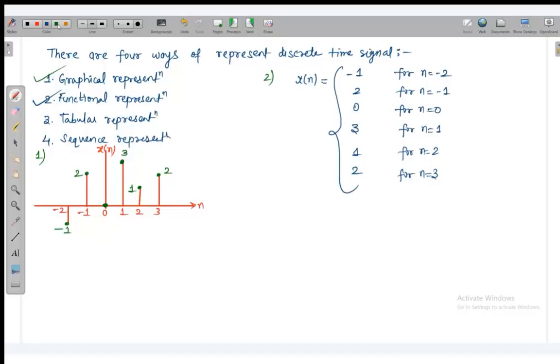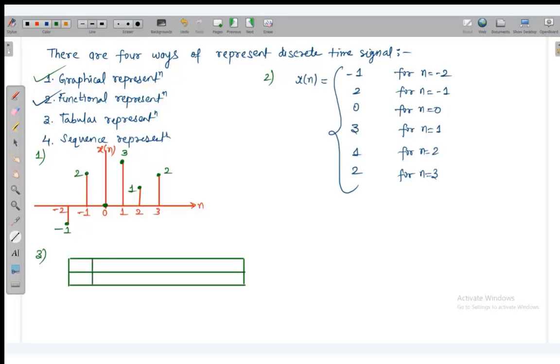Now the third one is called the tabular representation. So in the tabular representation, we have to make a table like this. And here we will write n, we will change n, and the value of x of n. The starting point is -2. The signal is starting from -2.